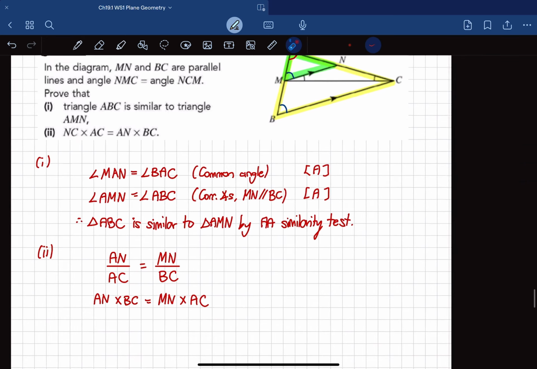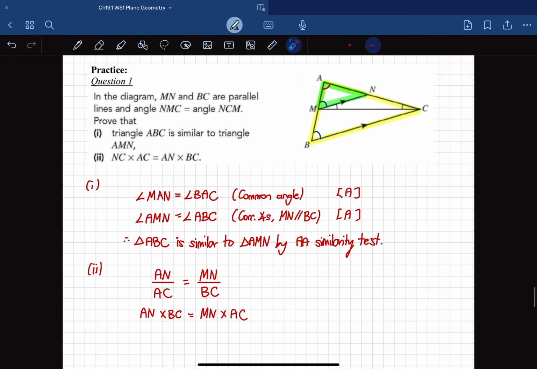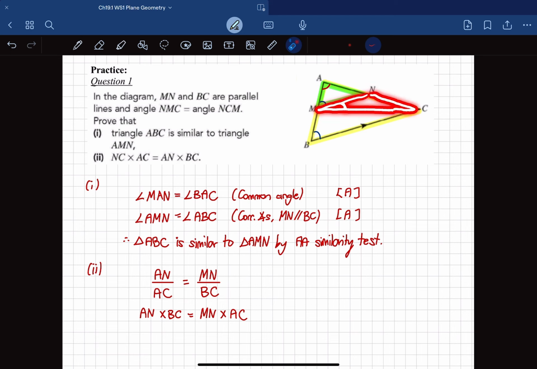So let's observe the question again. The question gives us additional information that angle NMC, this angle here, is the same as angle NCM, which means this angle here. If you remember, in a triangle, if two angles are the same, this makes it an isosceles triangle.